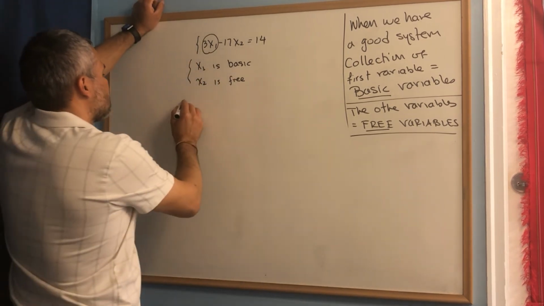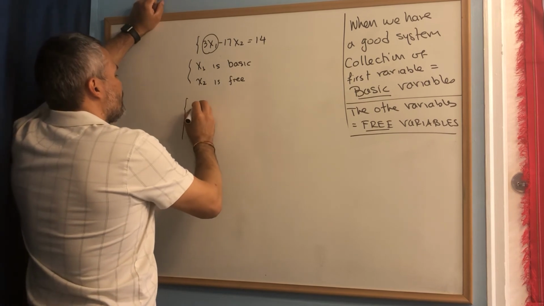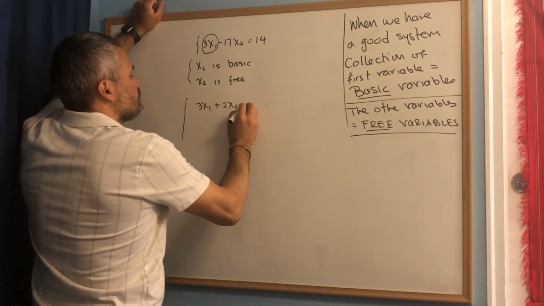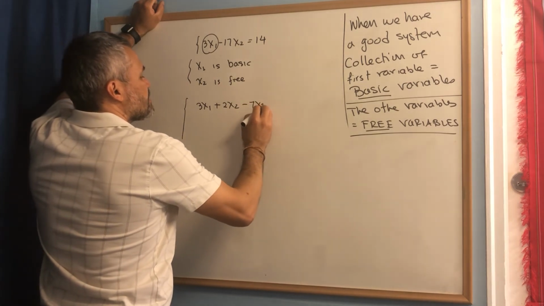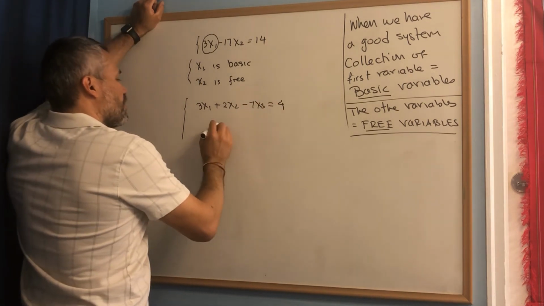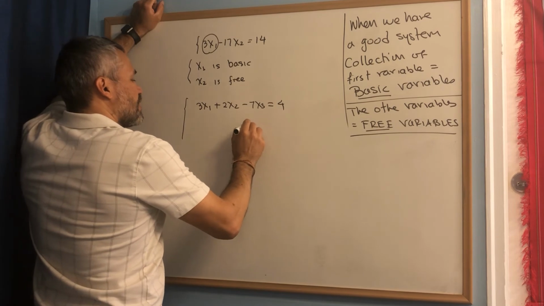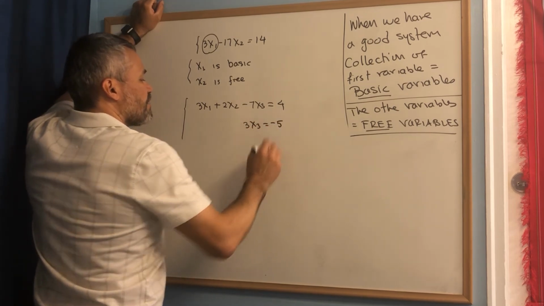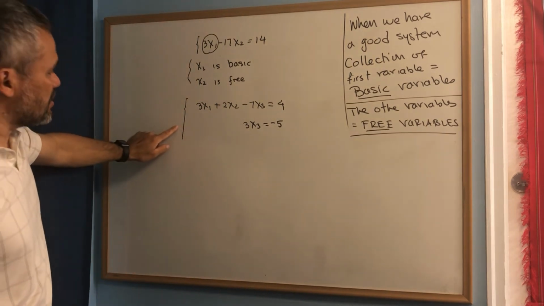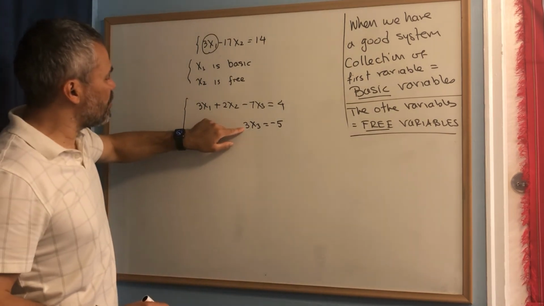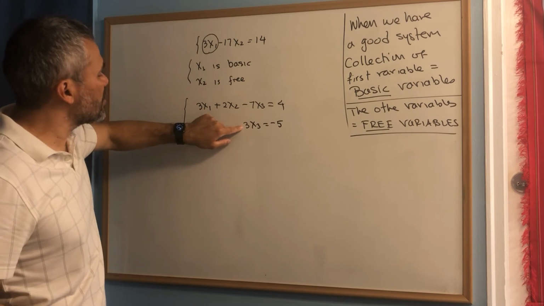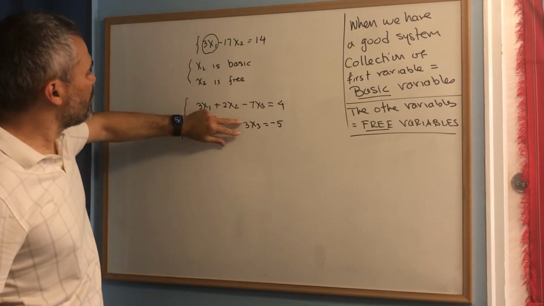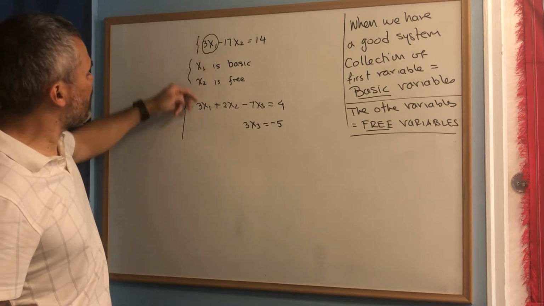Let's do another example. If we have 3x1 plus 2x2 minus 7x3 equal 4 and 3x3 equal negative 5, then this is a good system, because the first variable that shows up in this equation has an index that is larger than the first variable that shows up in any equation above it.